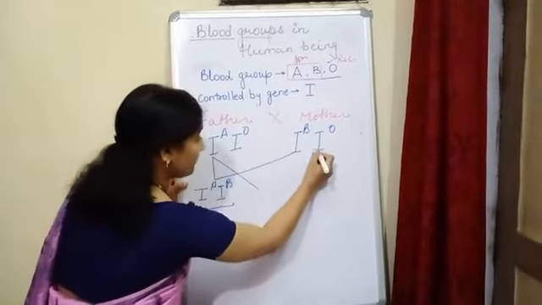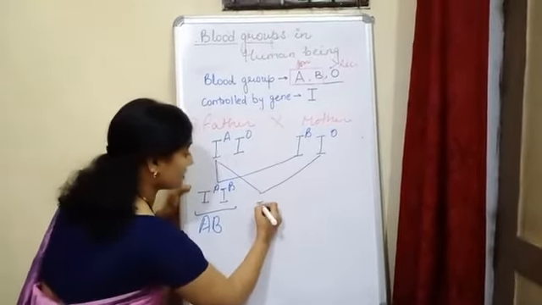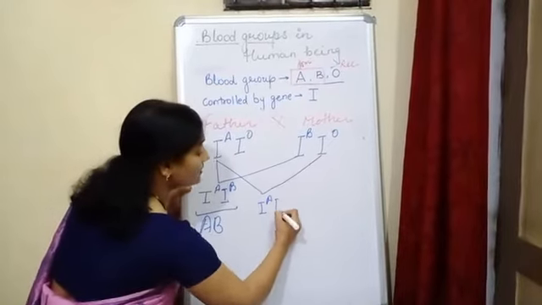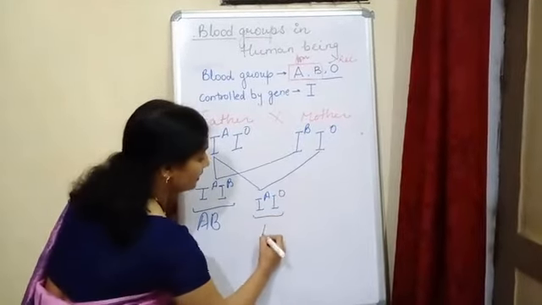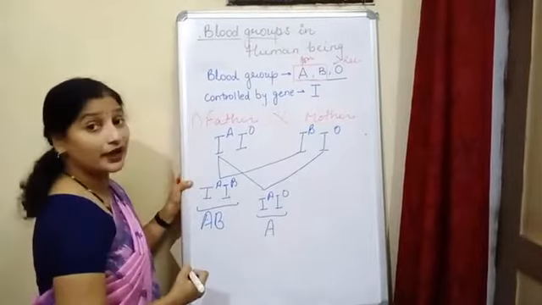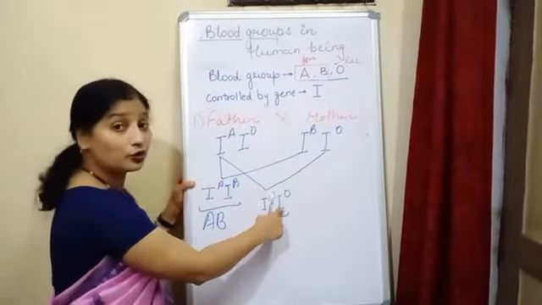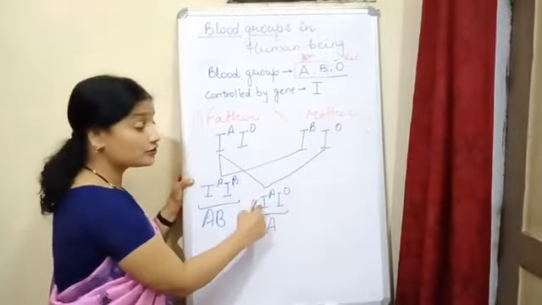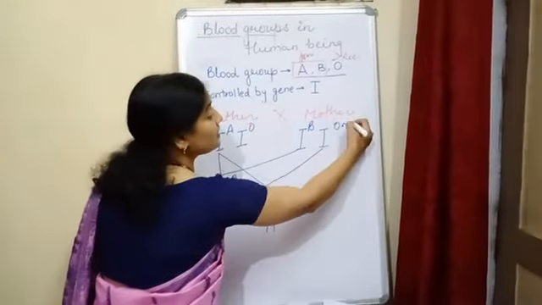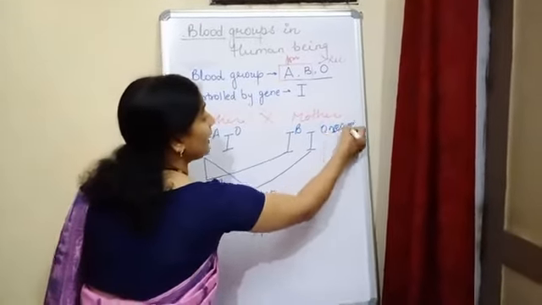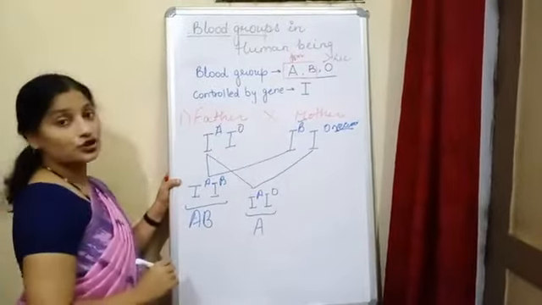Now here, IA and IO, and the child will have only blood group A. Now there is no law of codominance, there is only the law of dominance, because O is recessive and A and B both are dominant.